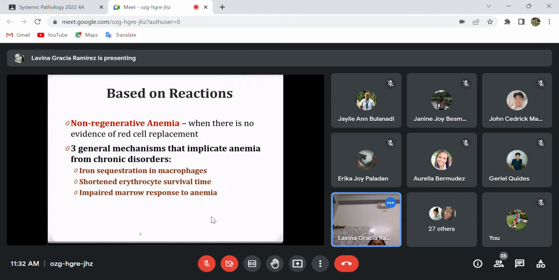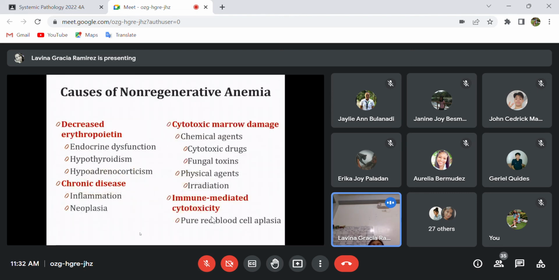Okay, so some of the causes identified here are decreased erythropoietin. So let's say the kidney is affected. If there is endocrine dysfunction, there's hypothyroidism that might affect the kidney, and hypoadrenocorticism. So this could directly or indirectly affect the activity of the kidney.